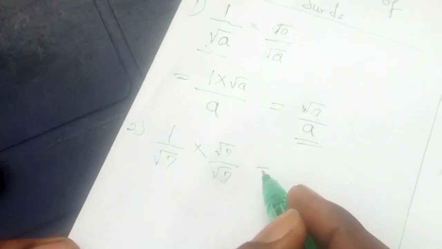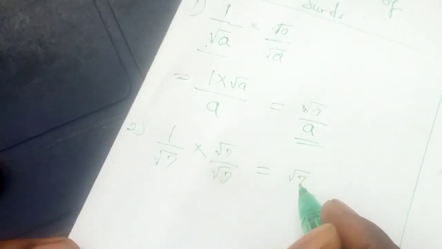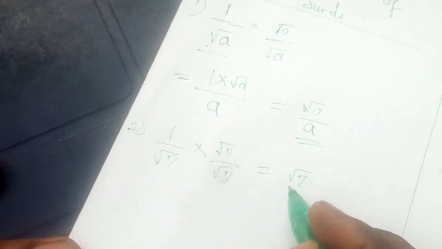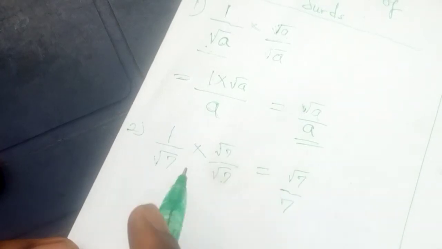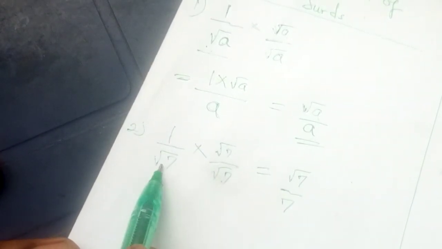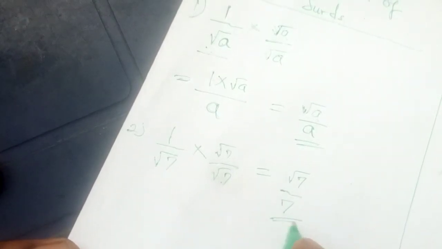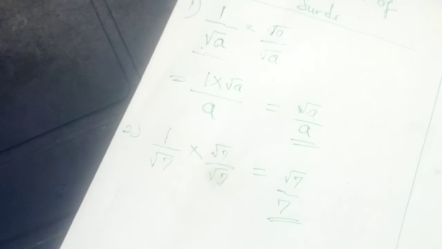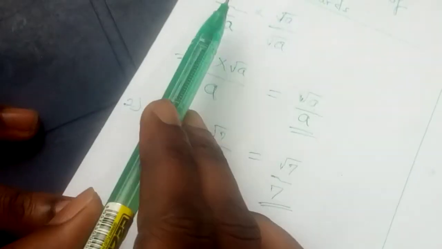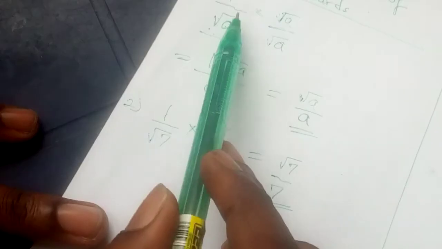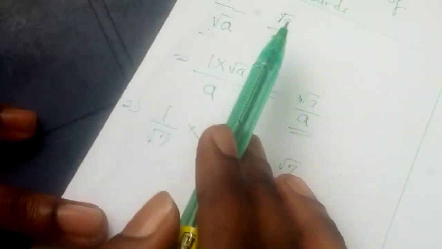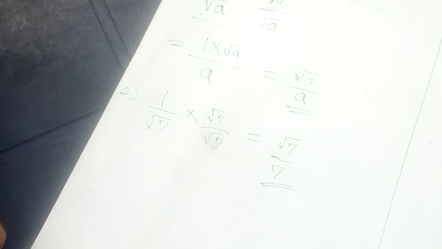So we have root 7 over 7, because root 7 multiplied by root 7 gives us 7. So that's our final answer. It's as simple as that. Anytime you are faced with this kind of surd, just follow this simple technique. You will always get your answer correctly.